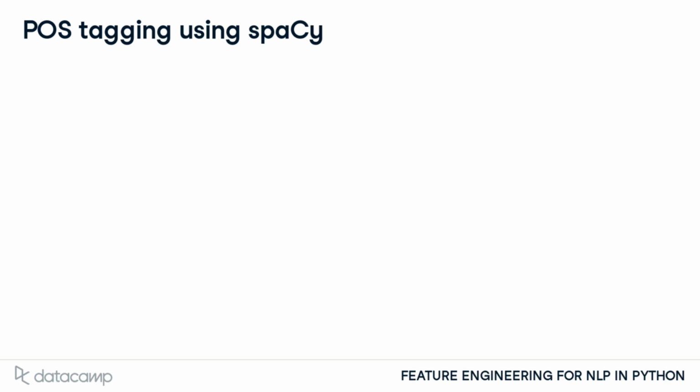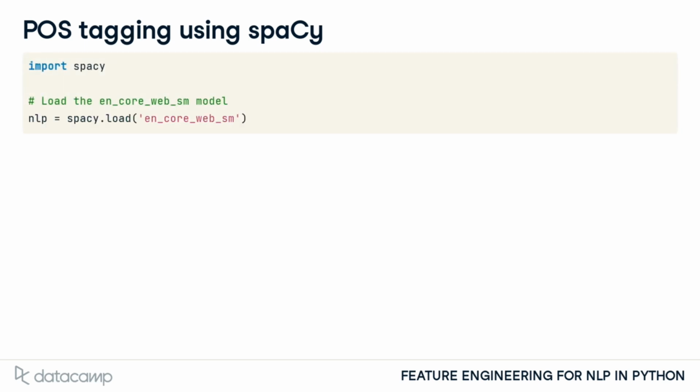POS tagging is extremely easy to do using spaCy's models, and performing it is almost identical to generating tokens or lemmas. As usual, we import the spaCy library and load the en_core_web_sm model as nlp. We will use the same sentence, "Jane is an amazing guitarist," from before.